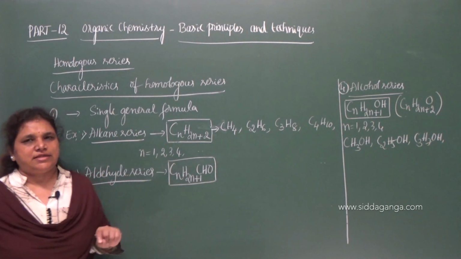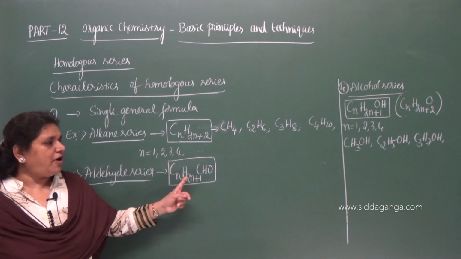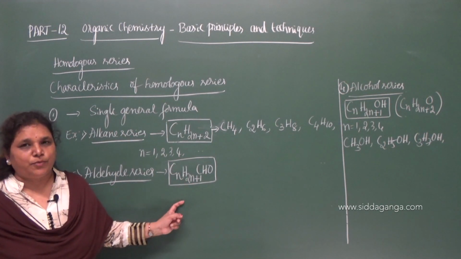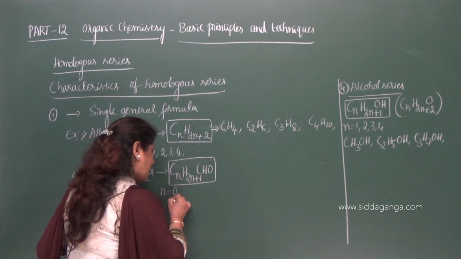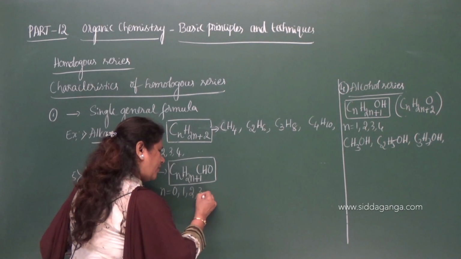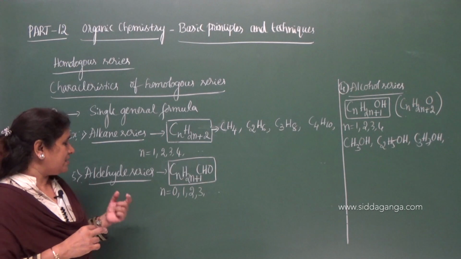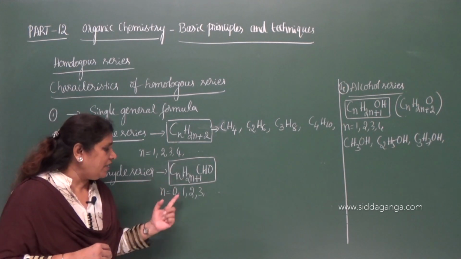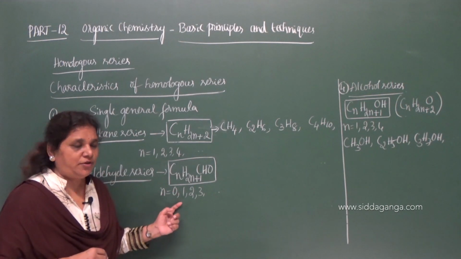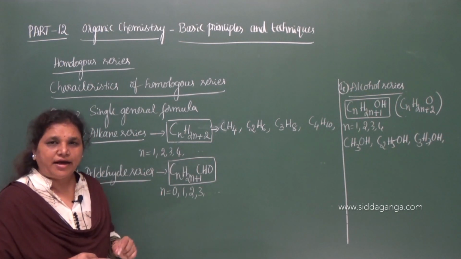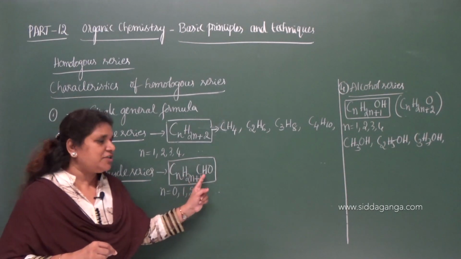As we know, the first member of the aldehyde series is formaldehyde, HCHO. To get that first member, the value of n has to start from 0, then 1, 2, 3. You have to start it from 0 to get the first member of the aldehyde series, because we have already written the functional group CHO here.